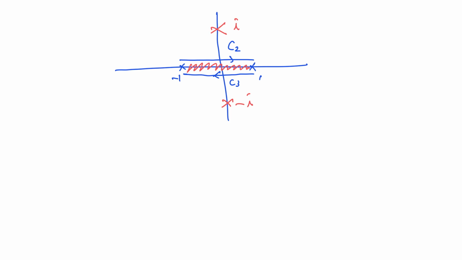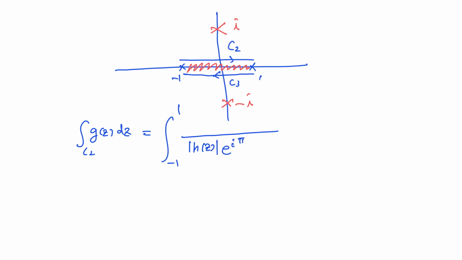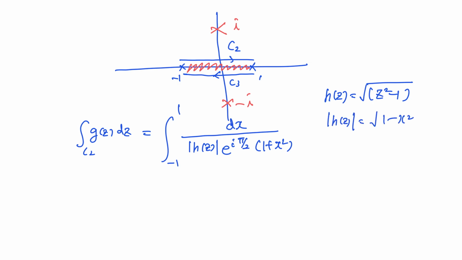C2 is actually minus 1 to 1, dx, right? So the absolute value of h(z) is the square root of 1 minus z squared, so the absolute value of z can be something like this, 1 minus x squared here.